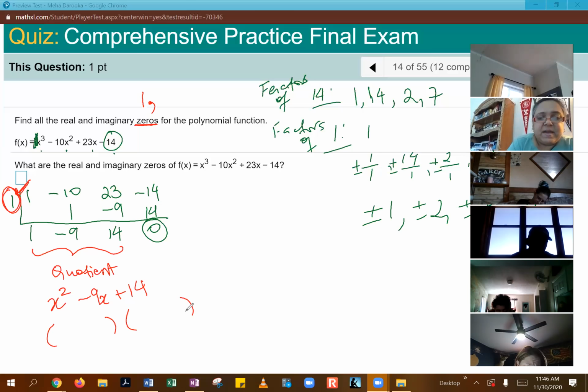Very nice, because for 14, you're looking for two numbers that multiply to give you 14, but add up to negative 9. So that would be negative 7 and negative 2.